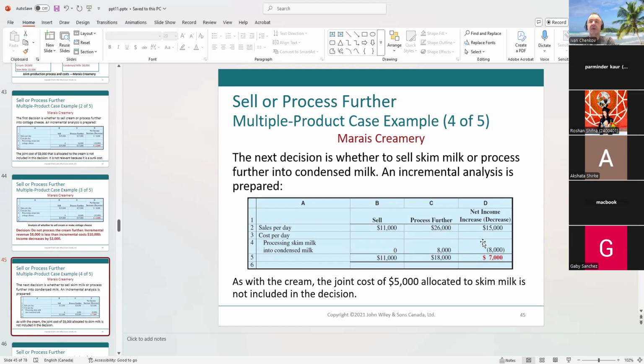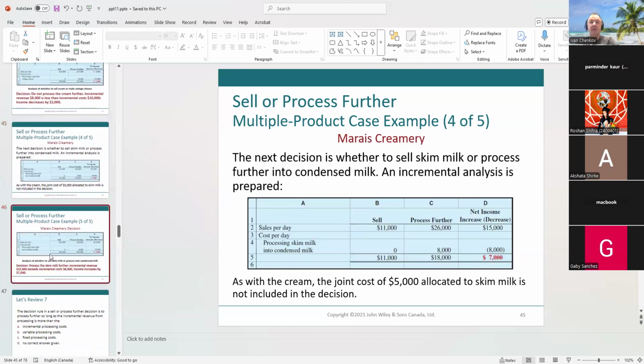So the additional revenue that's going to generate is $7,000. But it's going to cost me only $8,000 to make it. So should I process further? Yes. Why? Because I'm going to get $7,000 more. If I'm selling it, I'm getting only 11. If I process further, I'm going to get 18, which is $7,000 more. Make sense?